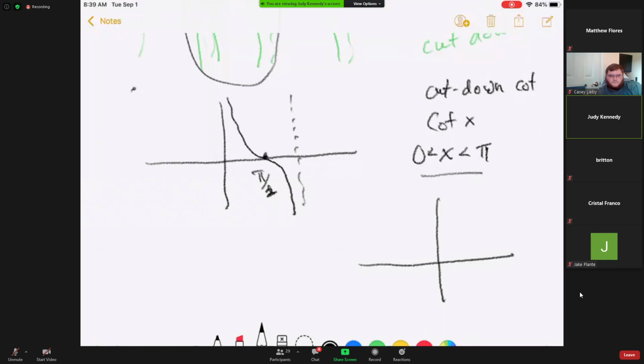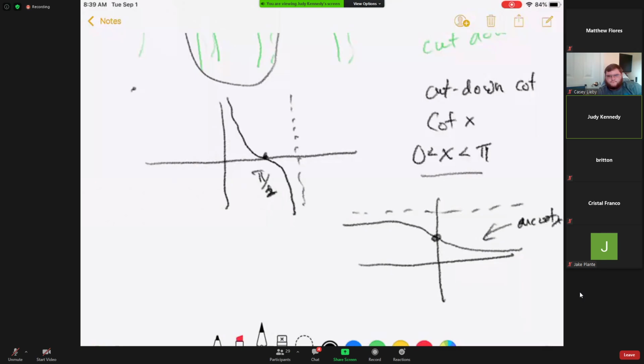Well, the vertical asymptotes at x equal to 0 and x equal to pi become horizontal asymptotes. And let's see, these are large positive, those are large negative. So that would be a picture of the arc cotangent.